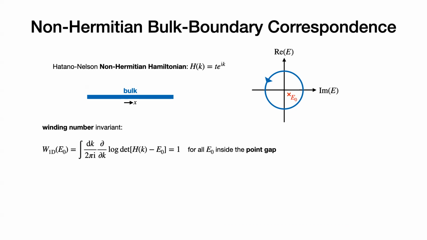In non-Hermitian systems, they are invariants of either only the eigenvalues, as in this case, or of a mixture of eigenvalues and eigenstates in higher dimensions. But in this one-dimensional case, it's really just a winding of all the eigenvalues. So plug in H(k) equals e to the ik, and you will find that this evaluates to 1 for any energy in the circle.